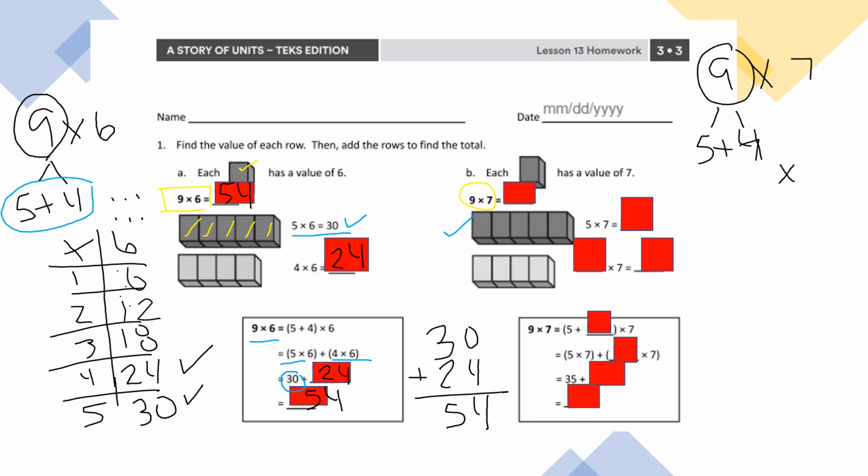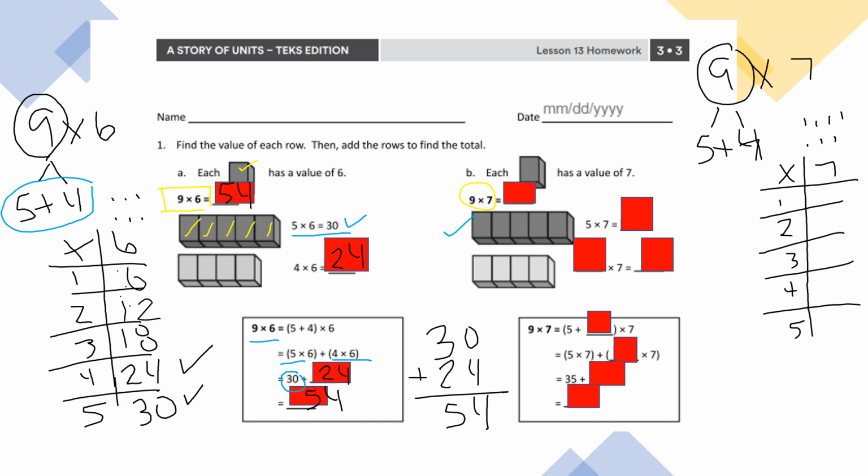And again, we only have to go to 5, so it's not a very long ratio table. 7 times 1 is 7. 7 times 2 is 14. 7 times 3 is 21. 7 times 4 is 28. 7 times 5 is 35.